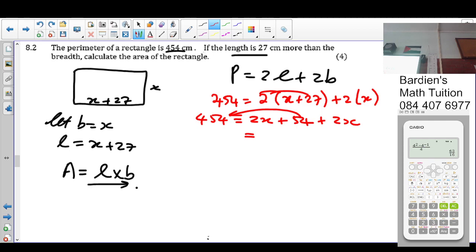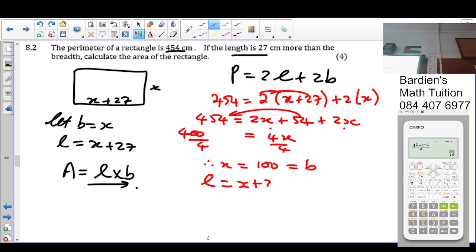So you get it over the equal sign: 454 minus 54 is 400, and 2x plus 2x is 4x, divided by 4 both sides. So therefore x is 100, that's the breadth, not so? But the length, of course, is going to be x plus 27, which is 127. You all agree with that?